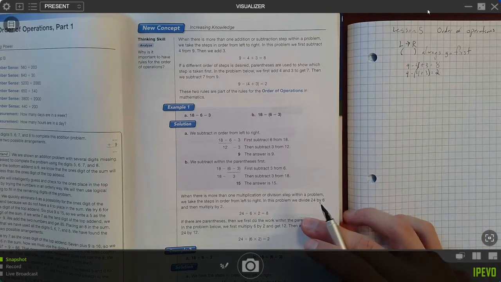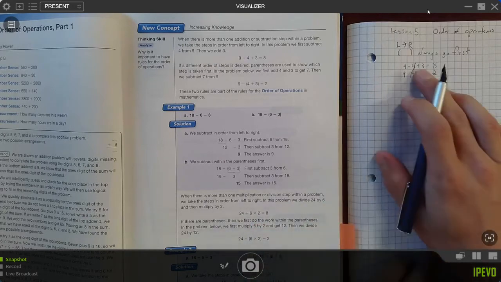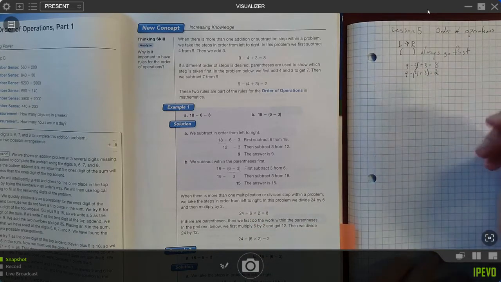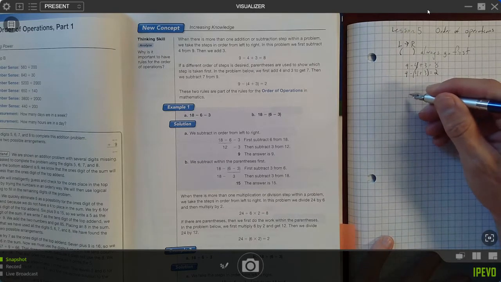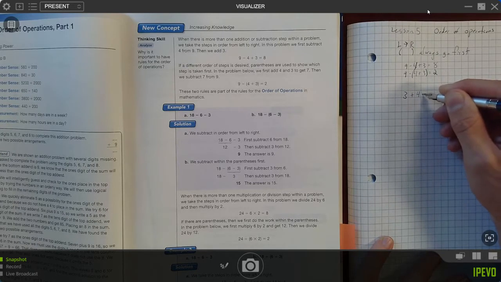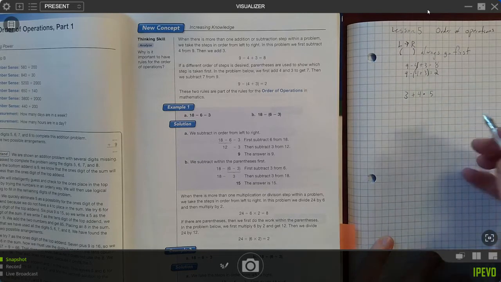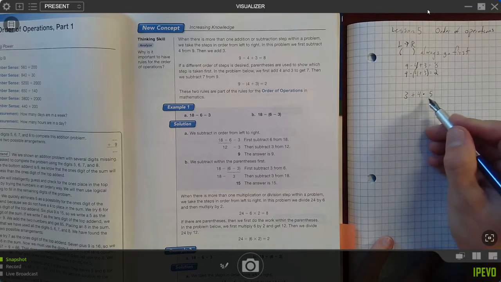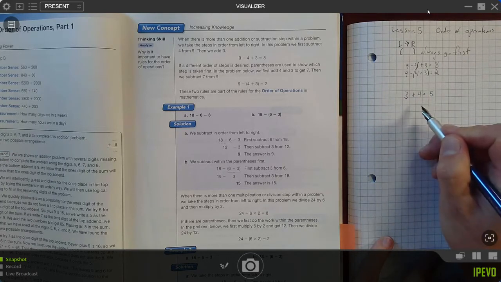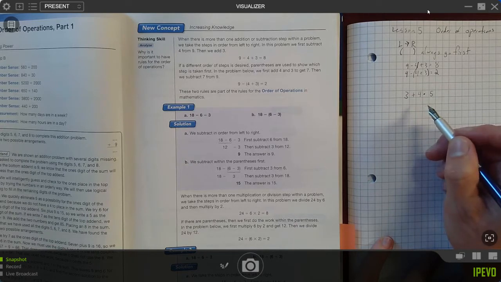Now, remember, multiplication and addition are both commutative. That does not mean if you had a problem that was like 3 plus 4 times 5, addition is commutative, multiplication is commutative, you cannot rearrange this. They're only commutative when they're all addition or all multiplication.